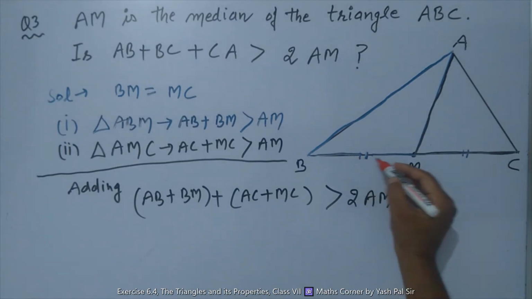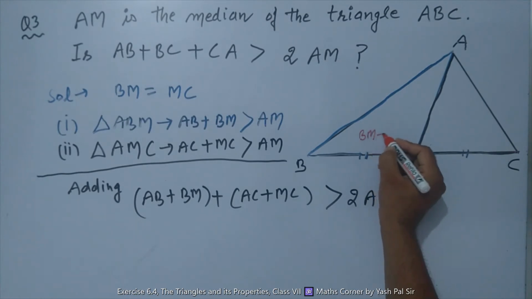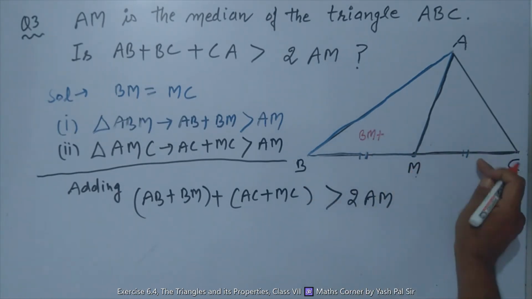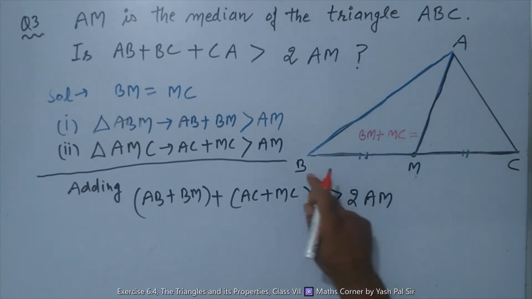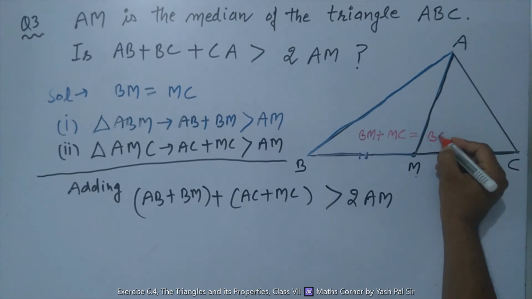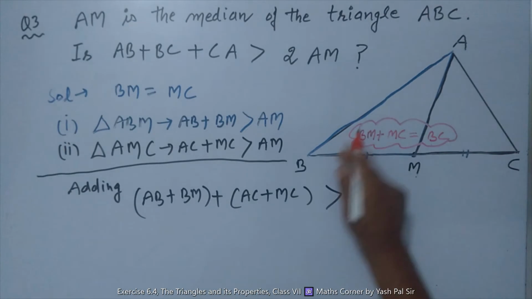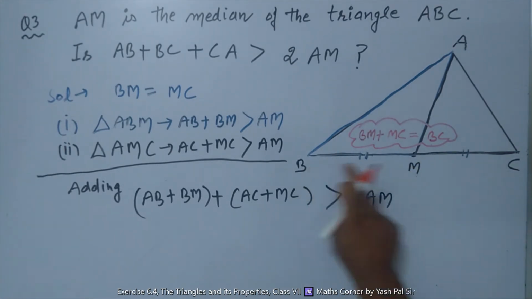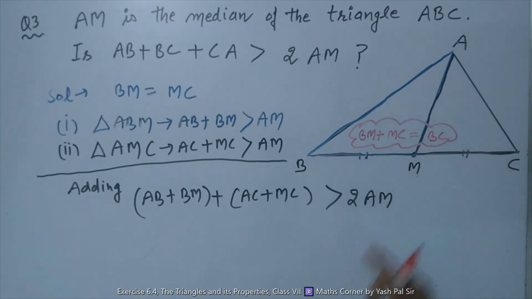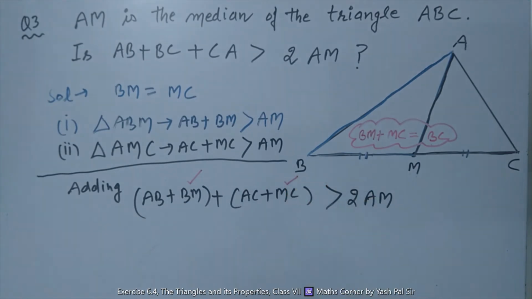Now if we observe the diagram, what do we find? BM plus MC is BC. This is BC. BM plus MC is equal to BC. So what do we write now?